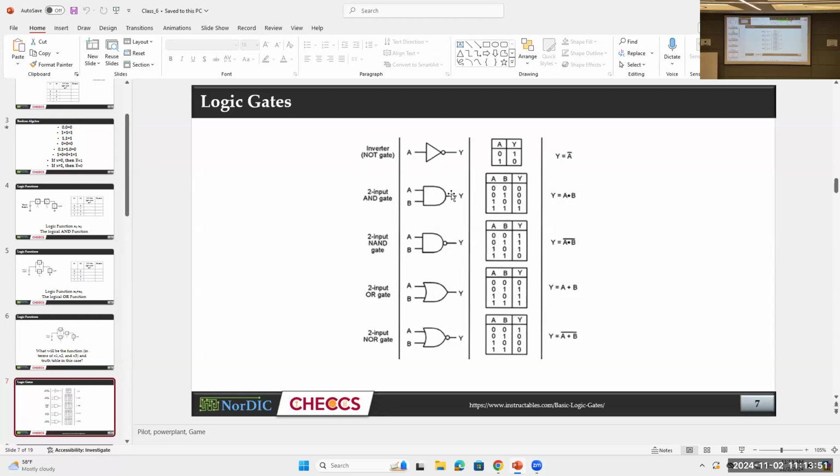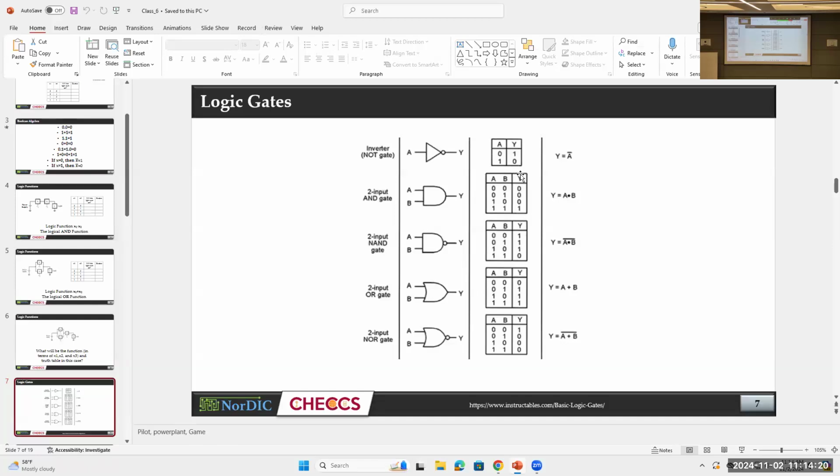If you put a circle at the output, it is almost an AND gate, but there is a small circle at the output, and this is represented as NAND. This small circle represents an inverting operation. If you invert the output of an AND gate, you will get a NAND gate.